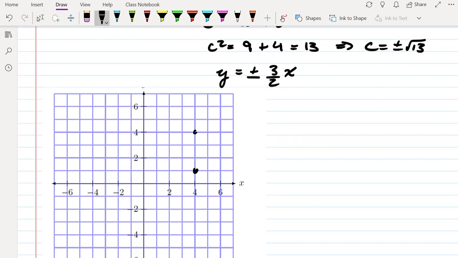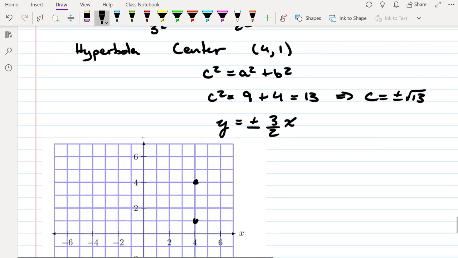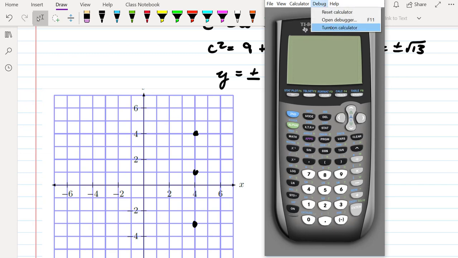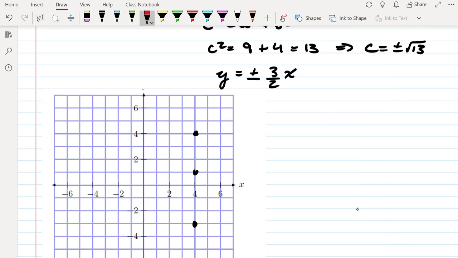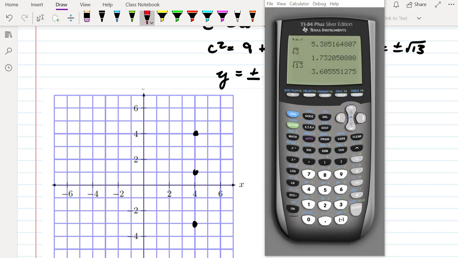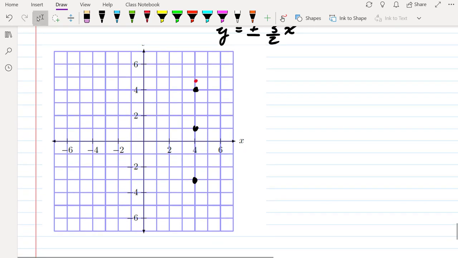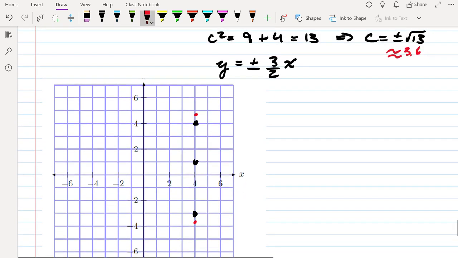The square root of 13 is going to give us our foci, and the square root of 13 is 3.6. So up 1, 2, 3 and 0.6, down 1, 2, 3 and 0.6.